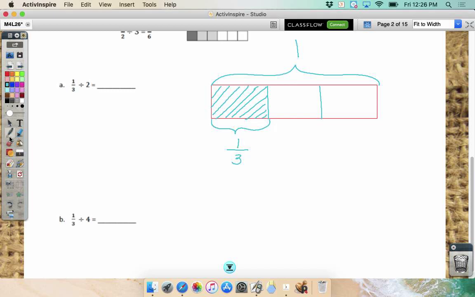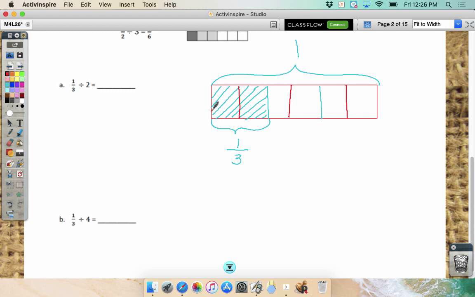Now, yesterday we used the example of a pan of brownies, okay? So let's say our family made a pan of brownies. We ate 2/3 of it. We have 1/3 left. We're giving the last 1/3 away to 2 people. How much will each person get? So now I will divide each of those thirds in half for the 2 people.